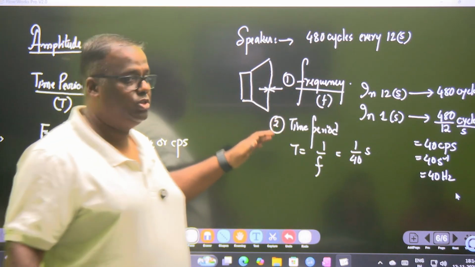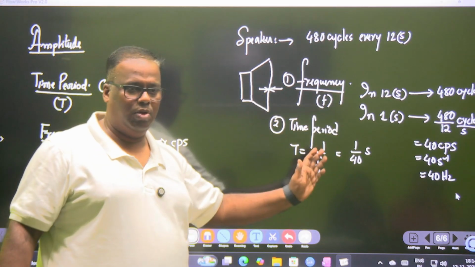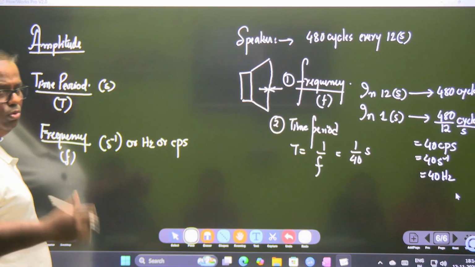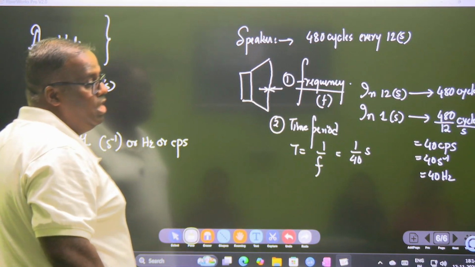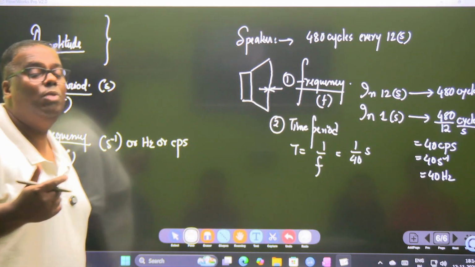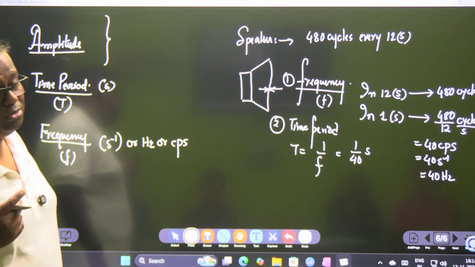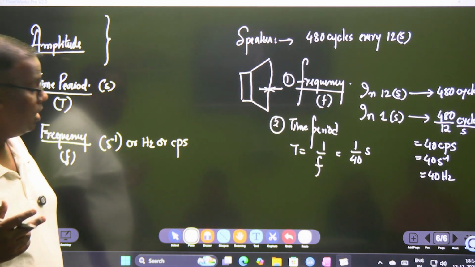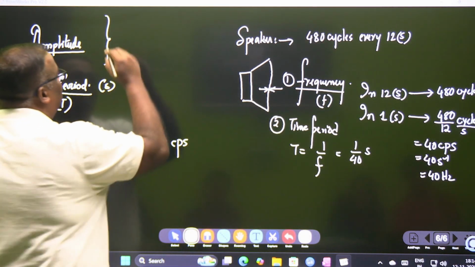Okay. So time period. Now, since you've calculated frequency, 1 by 40, let's calculate time period by the crude way. How will you calculate time period by the crude way? First come to the basic. How much time I took for one oscillation. So I go like this.